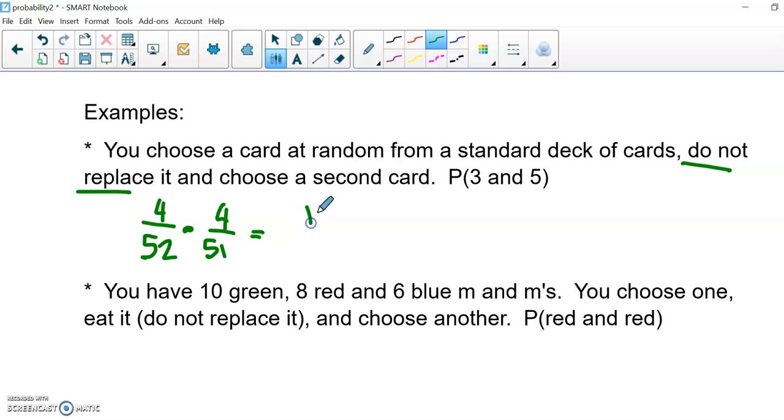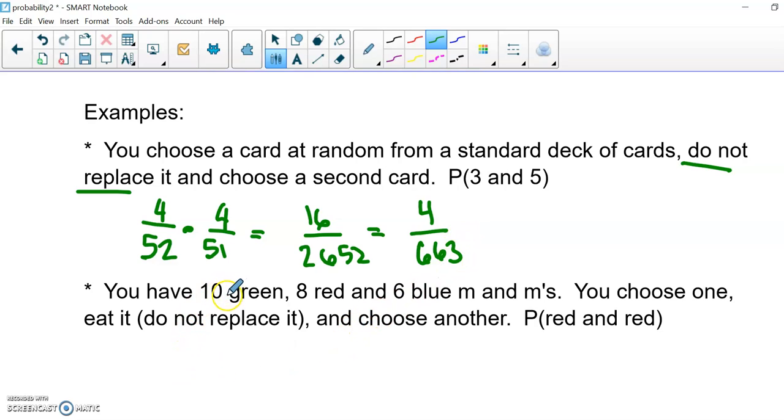So we have 4 times 4 is 16, 52 times 51. That gives us 2,652. And let's go ahead and reduce that. I'm going to let my calculator do the work for me. And it looks like it's a 4 out of 663 probability.